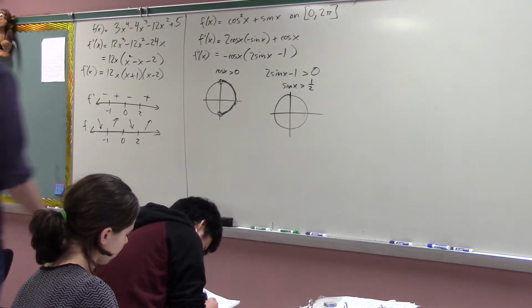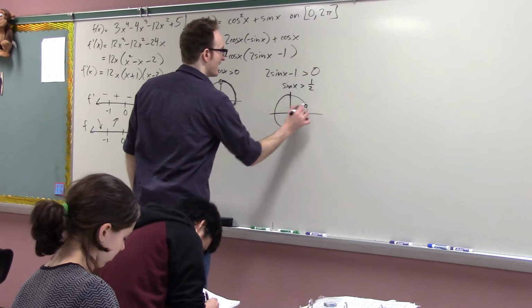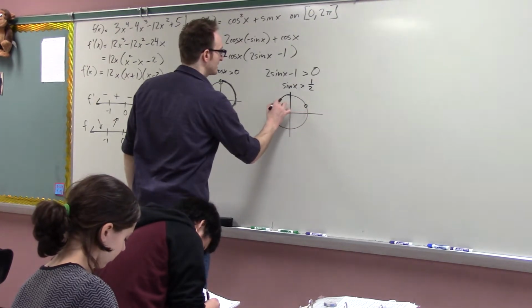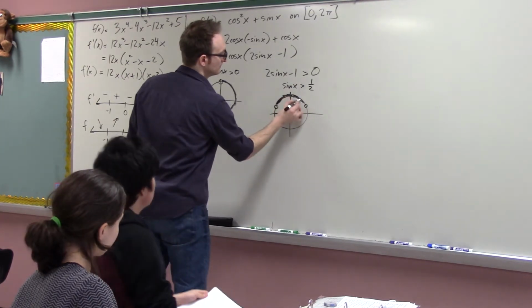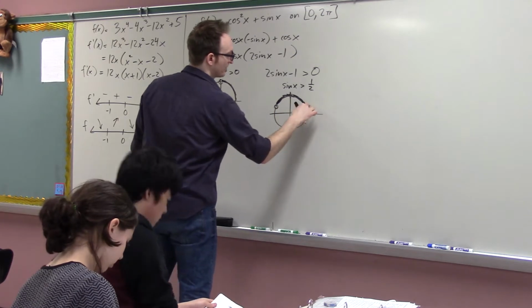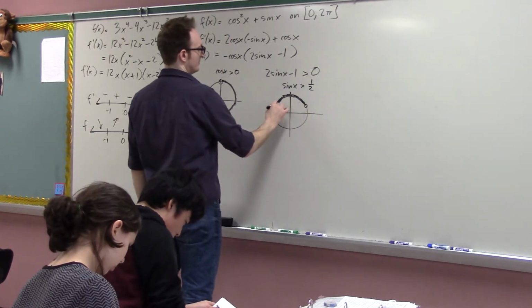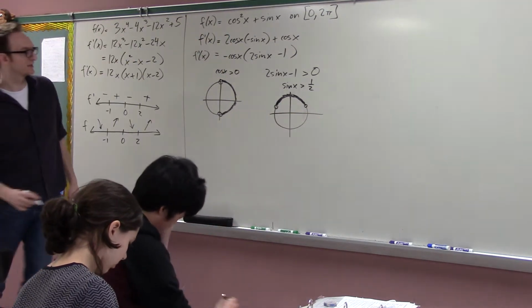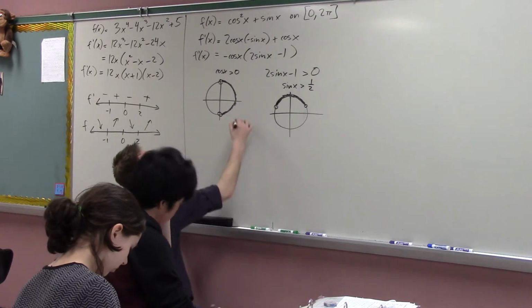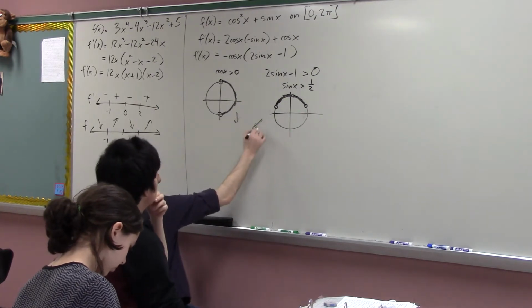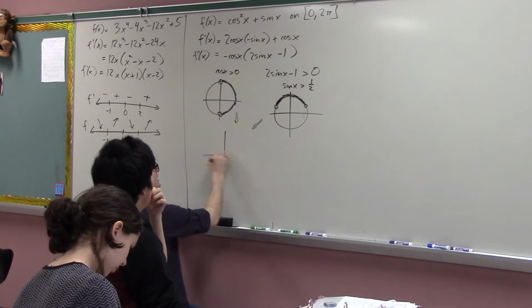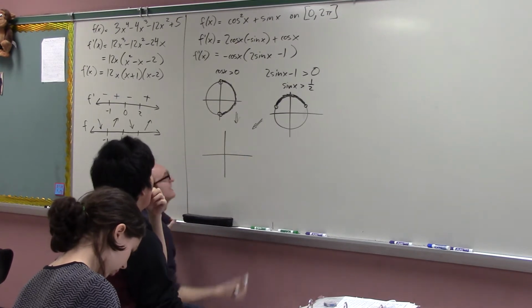Sine's the y coordinate, so the y coordinate is bigger than a half, from here to here, basically. So that's pi over 6, and that's 5 pi over 6, right? Okay, and then you superimpose them into one jumbo circle with overlapping shadings.